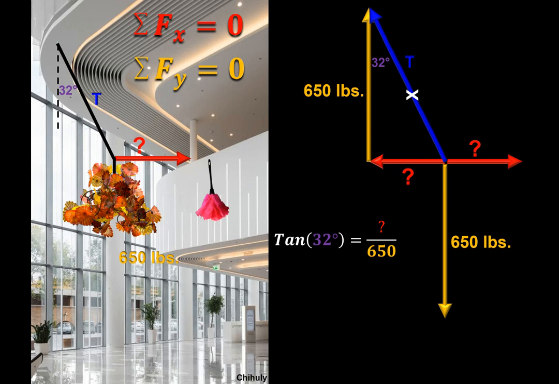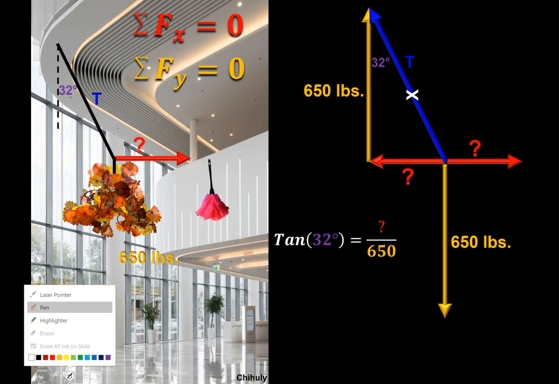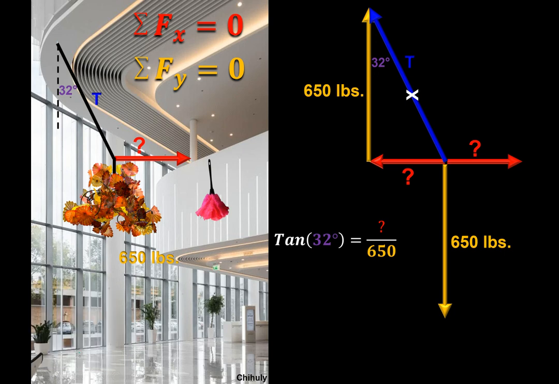If we remember, this is the hypotenuse, this is our angle, this is our opposite, this is our adjacent. So we can use tangent, which is opposite over adjacent. We're trying to get our question mark by itself, so we multiply 650 by both sides, and we get that we have to pull it at 410 pounds of force.